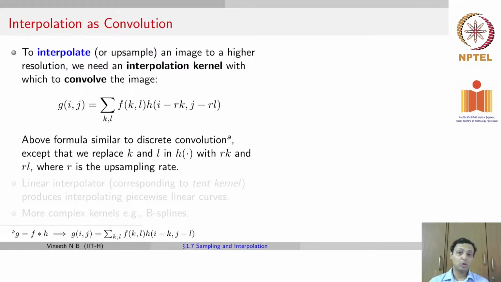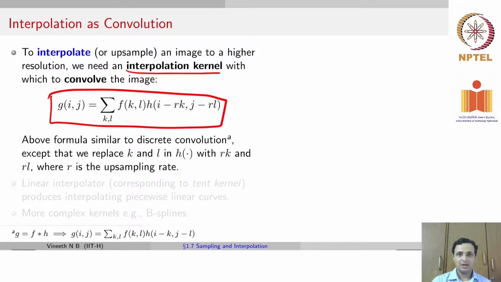Now, to be able to perform interpolation and then upsample an image to a higher resolution using convolution, we're going to do it using an interpolation kernel, which is defined as what you see here. Remember again that your original convolution is defined something like this, where you have g of ij is equal to summation f of kl into h of i minus k, j minus l. And this is the new definition that we're going to use for interpolation.